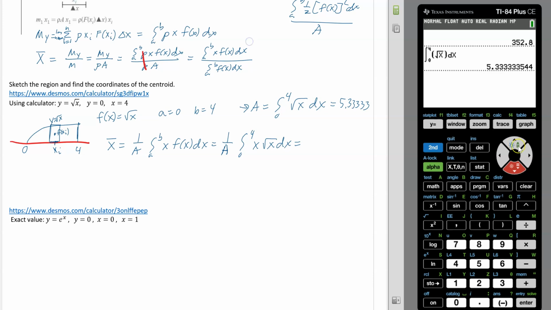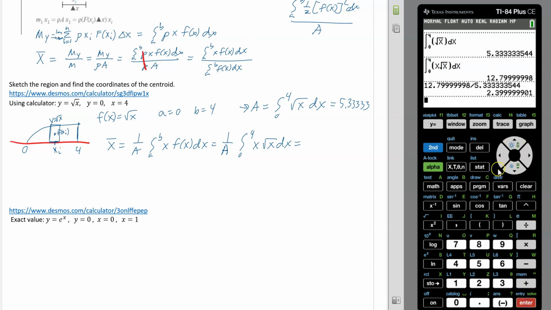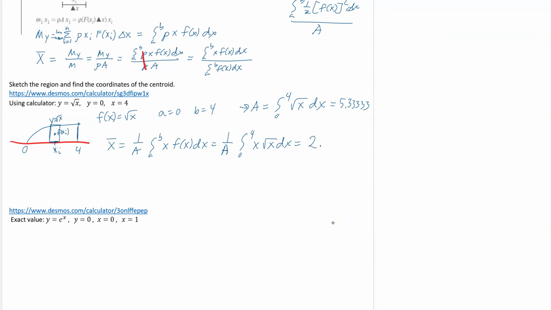And so all you have to do is go up and grab it, scroll back over, hit second, insert, and throw the x in. That's it. And then now you can take this one, divide it by this one, and hit enter. And there we go. So we're just going to say 2.4 is our center. And now we do the same with y bar.